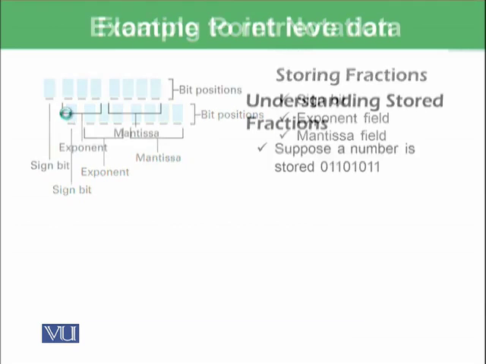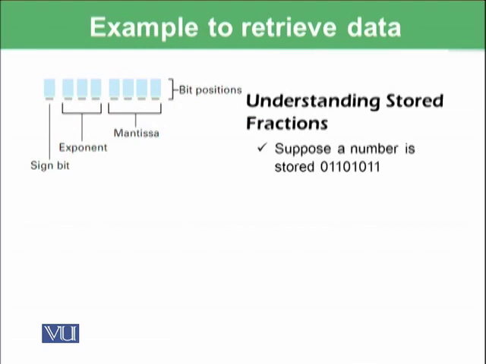Let's have an example of how an already stored number can be retrieved. For example, we have this number 0110 1011. What is displayed in the mantissa is the actual number, and it is 1011.